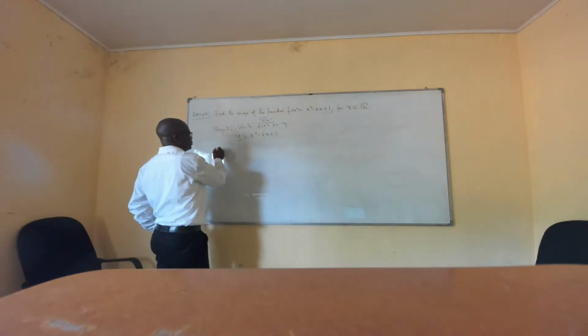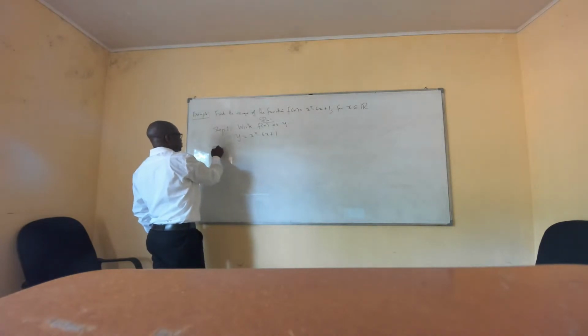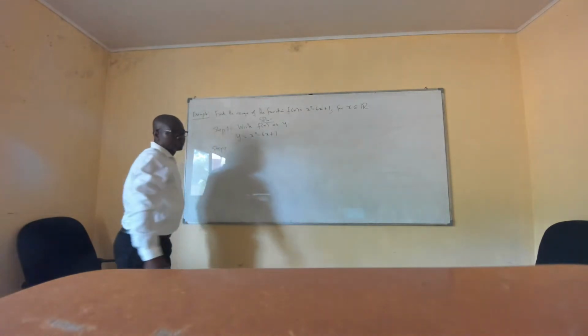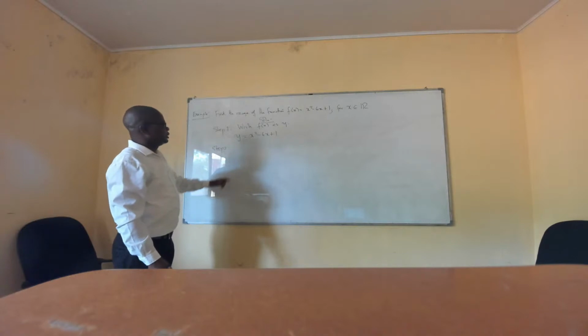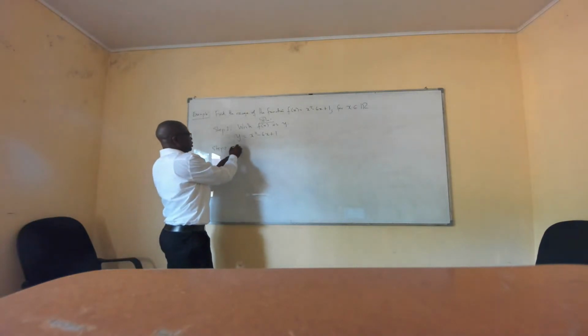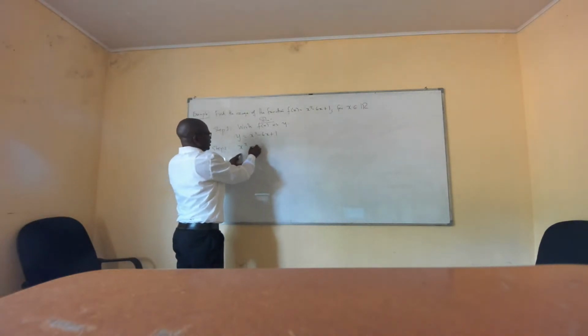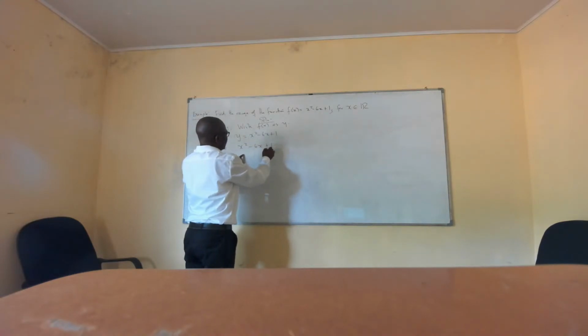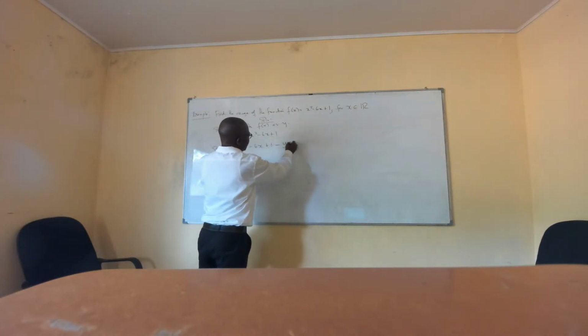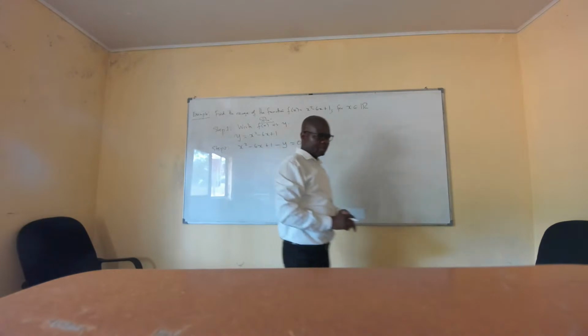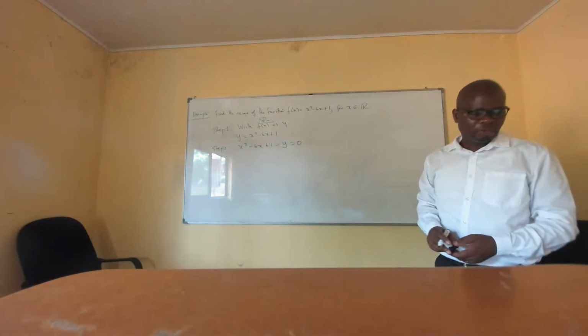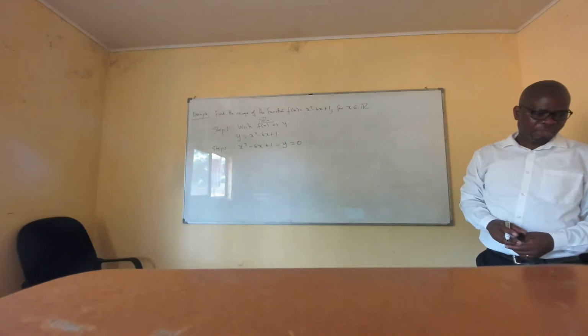Okay, then step 2, just rearrange this so that you have x squared minus 6x plus 1 minus y equal to 0. So we have now a quadratic equation.